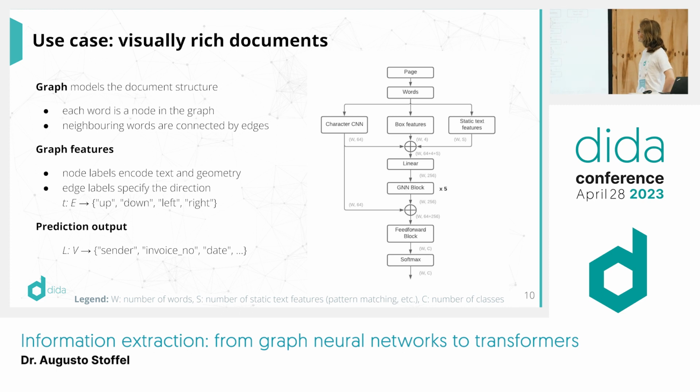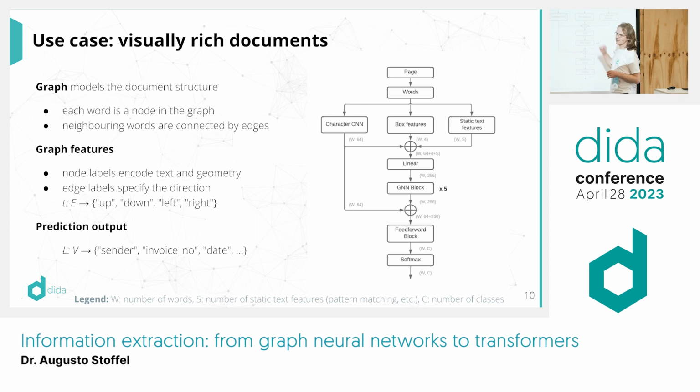Here's an overview of how a machine learning model for visually rich documents can look. We have a page, we look at the words, we make this graph. Then, remember, for each word, which is a node, we want some numeric encoding of that word. We can use a convolutional layer to look at all the characters and basically understand what that word is.